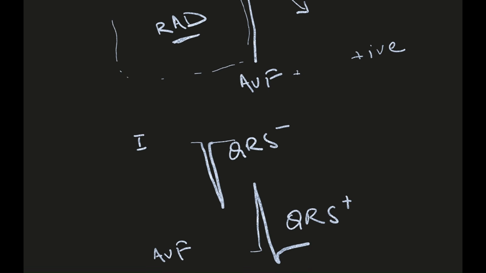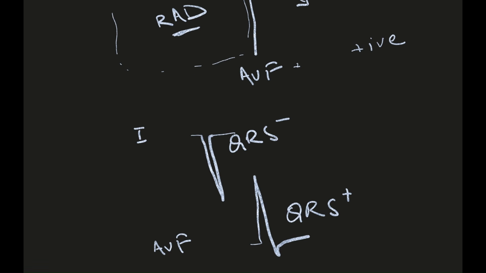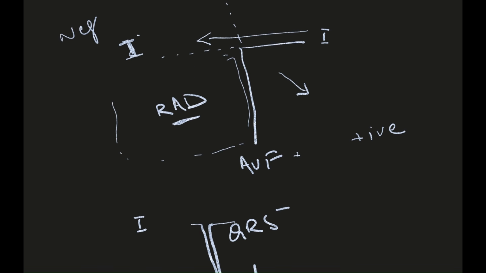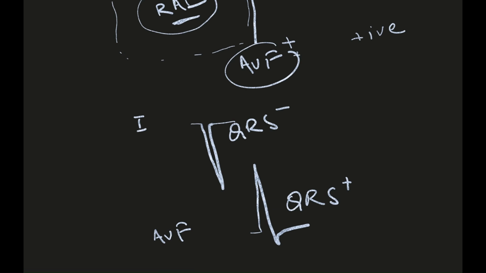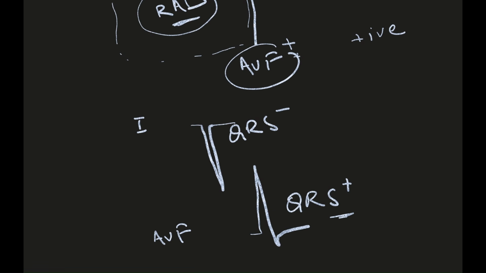So we can say this is right axis deviation, in which lead 1 becomes negative and your AVF stays positive.